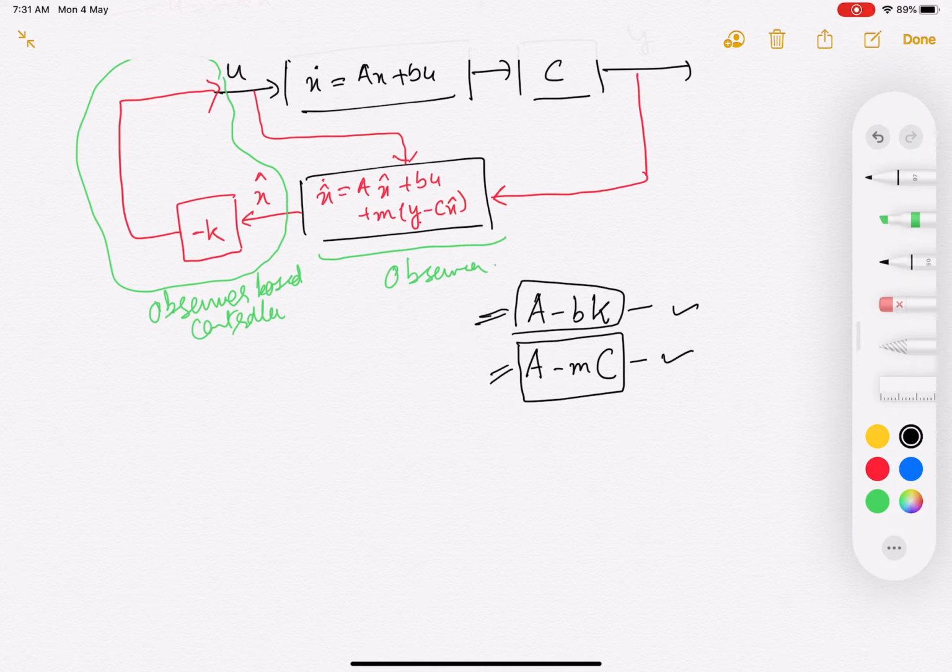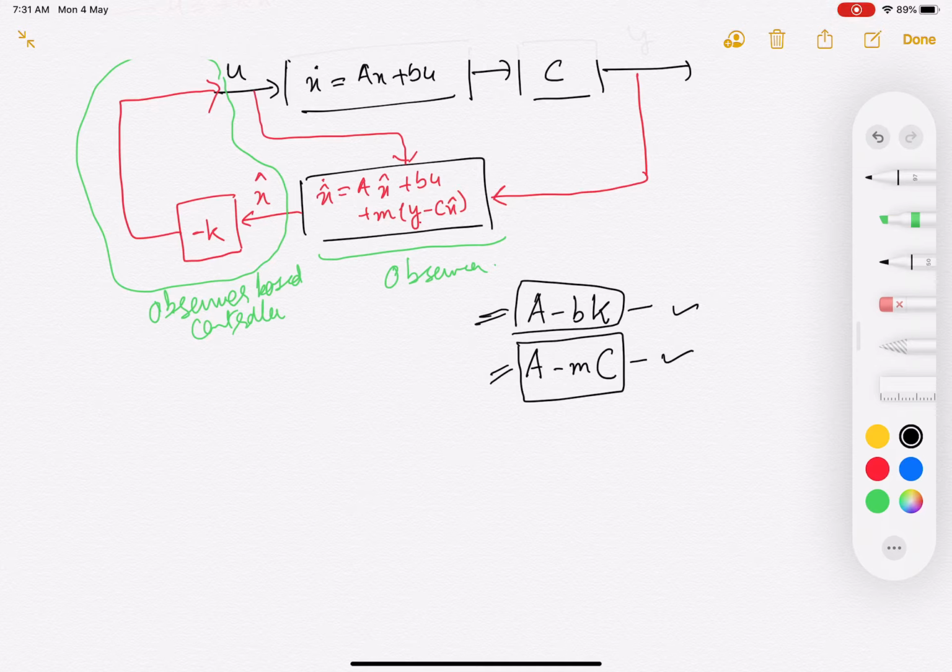This is what we're going to see, and we'll see that you have control over the eigenvalues of A minus BK, and you also have control over the eigenvalues of A minus MC, and you're able to separately design the controller and the observer and then implement the two together. This is called the separation principle.